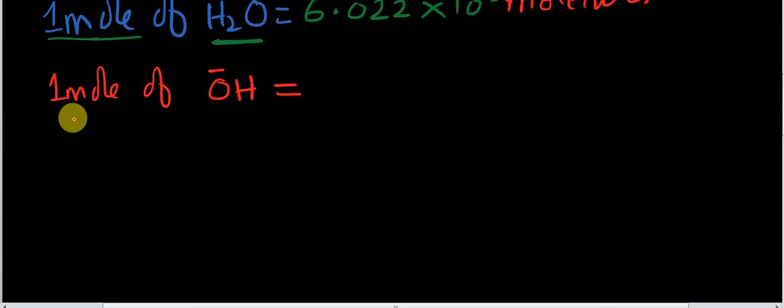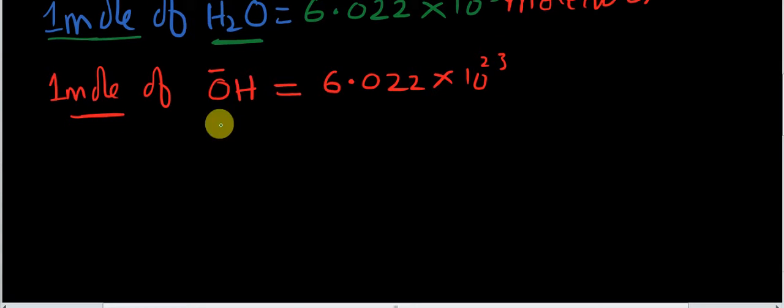You have to look at 1 mole. 1 mole means Avogadro's number 6.022 × 10 to the power 23. And now look at the compound. Is it a molecule, atom or ion? Ion means any substance having positive or negative charge, and this OH has negative charge. So you will write 6.022 × 10 to the power 23 ions.